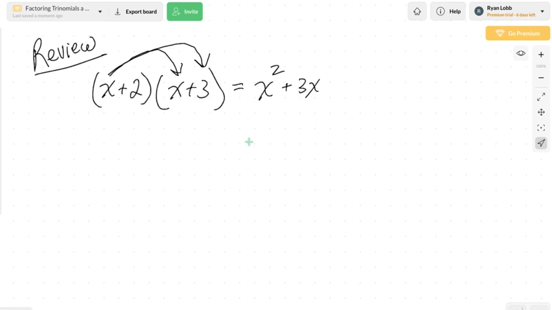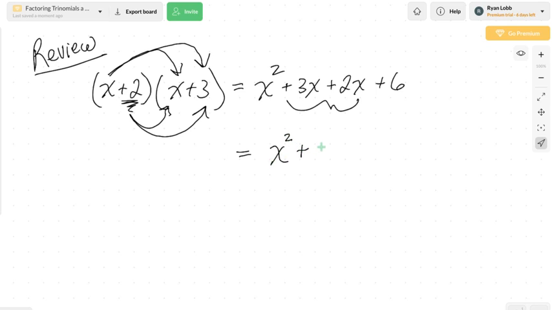And we're done distributing that x. Now we have a positive 2 to distribute. Positive 2 times x would be plus 2x, and positive 2 times positive 3 would be plus 6. Then we have like terms we can combine. So when we multiply x plus 2 times x plus 3, we get x squared plus 5x plus 6. Okay, so that's multiplying a binomial times a binomial.